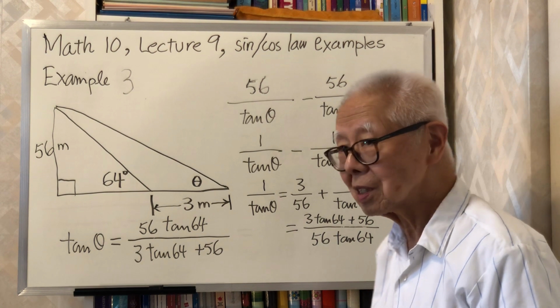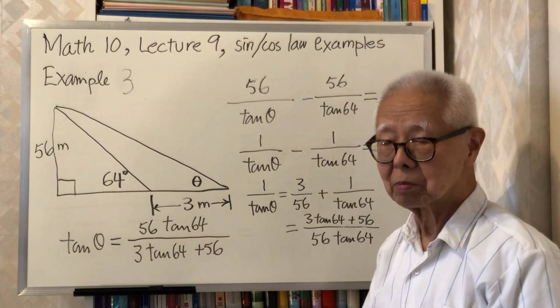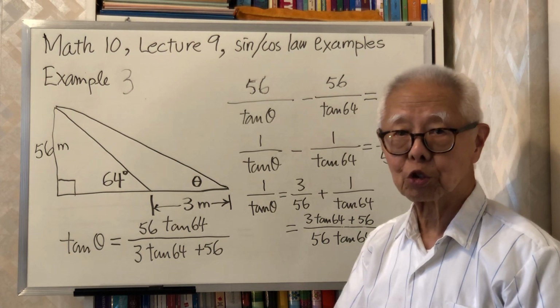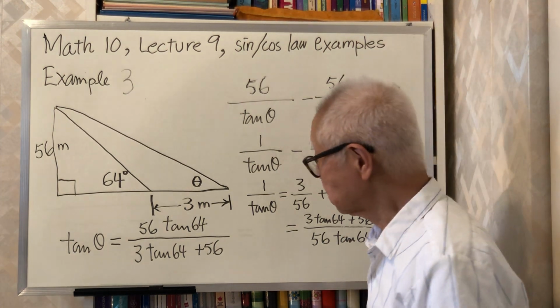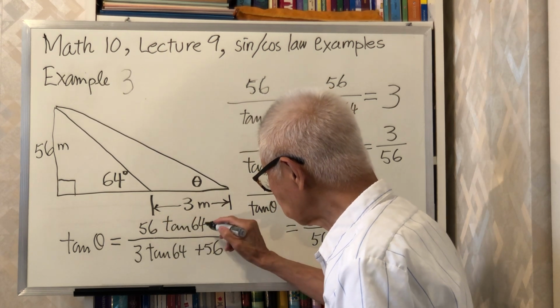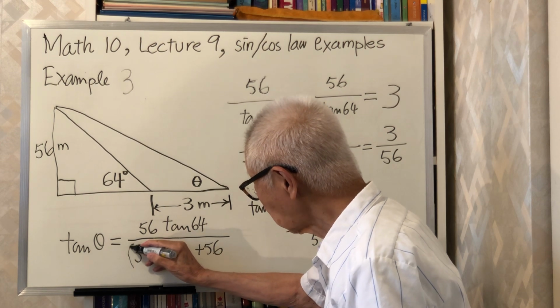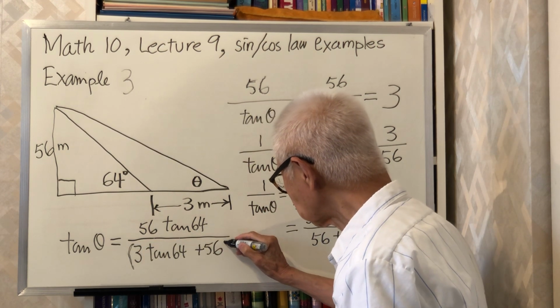Now, you can do the calculation here in one step. I don't need to show you the detail. But when you do that, this multiplies this, divided by, you must enter the bracket, okay? On your calculator, you must enter the bracket.